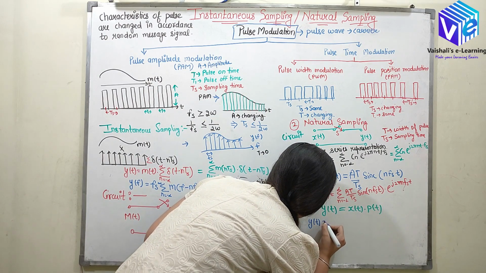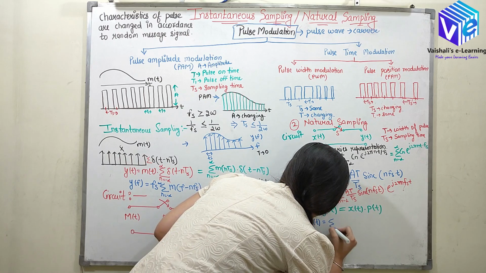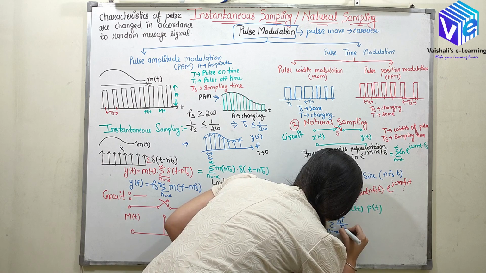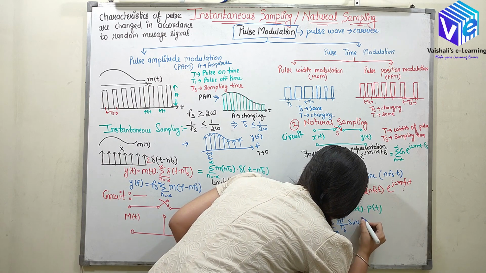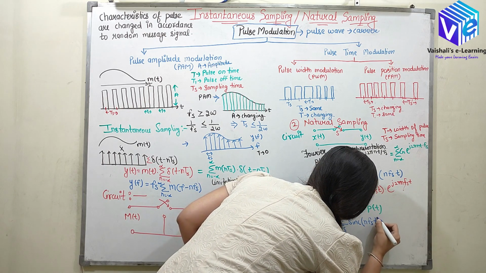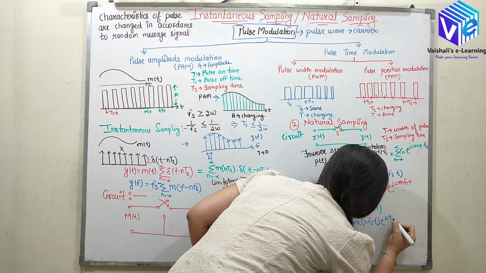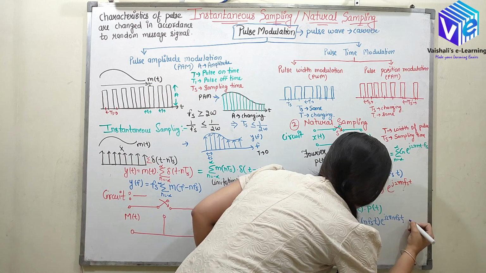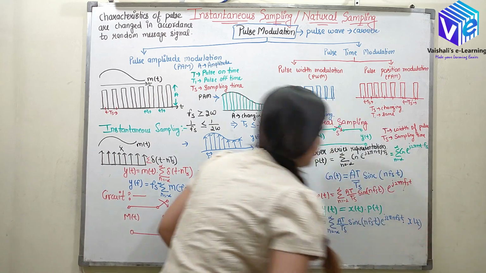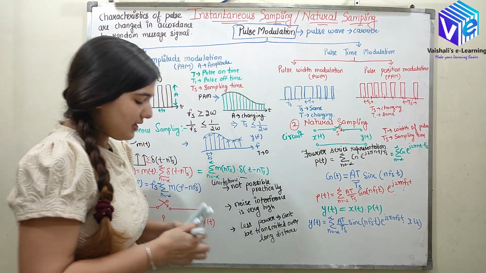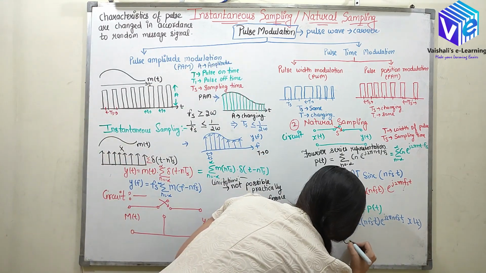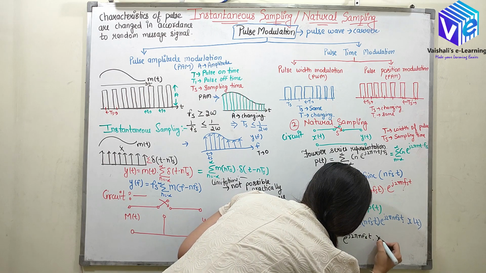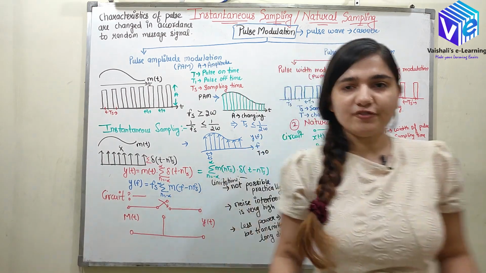So y(t) would be equal to summation n equal to minus infinity to infinity A tau upon Ts sinc(n Fs tau) e raised to power j 2 pi n Fs t into x(t). Now here I know e raised to power j 2 pi n Fs t into x(t) is the frequency shift property.